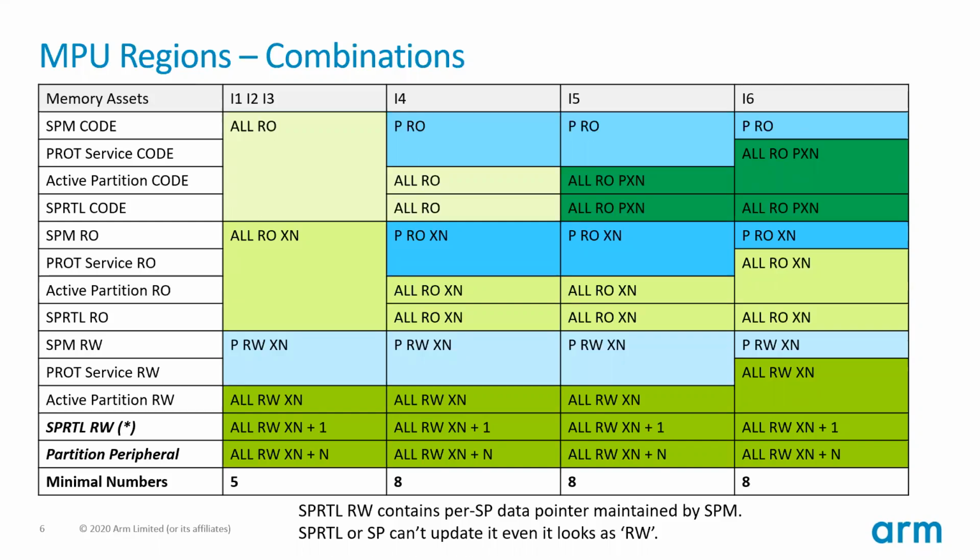There can be a relaxation in constrained environments for read-only and executable code, because often you get compile-time constants embedded with the code. So we're not assuming execute-only, but some constants are actually in the code and end up being not execute-never.